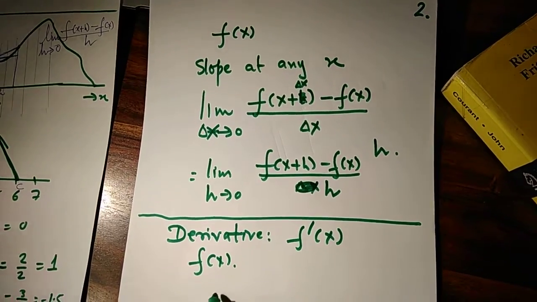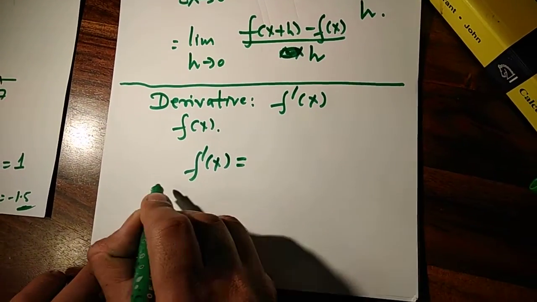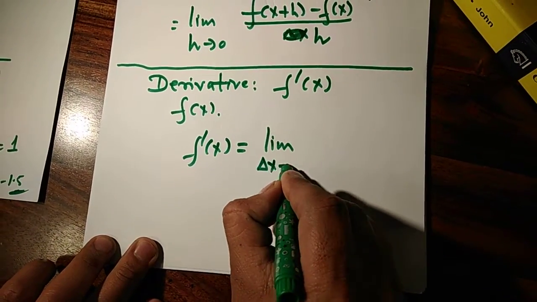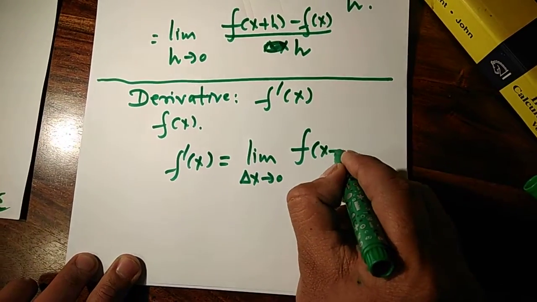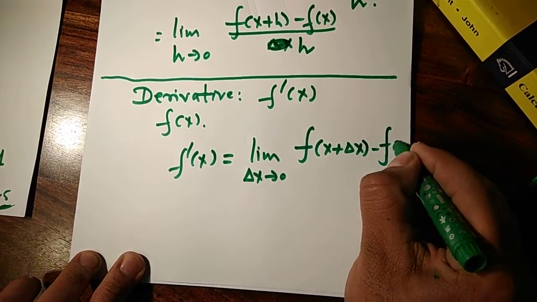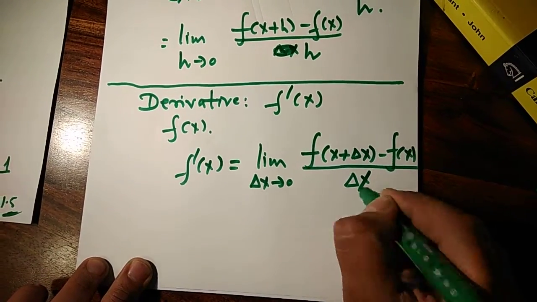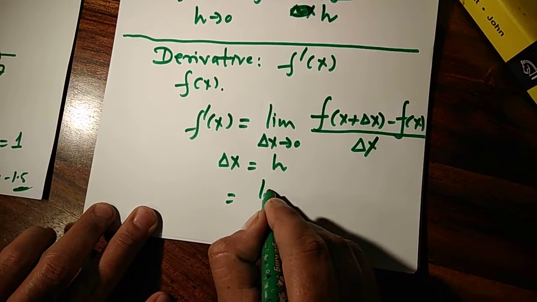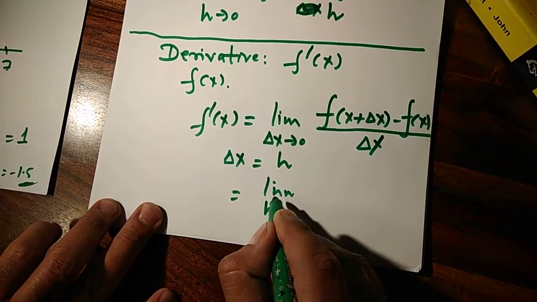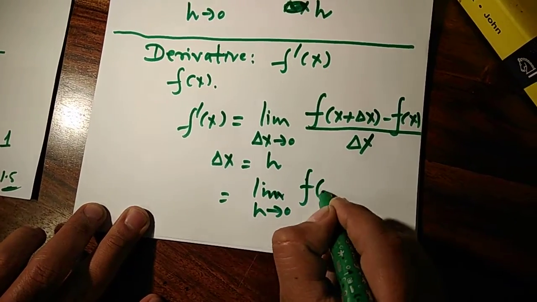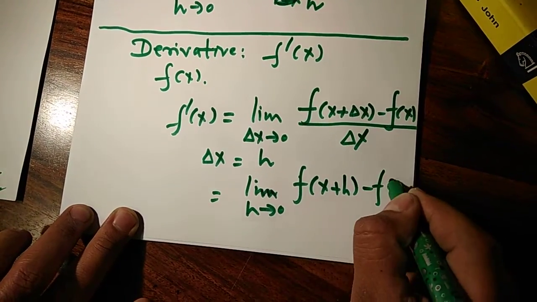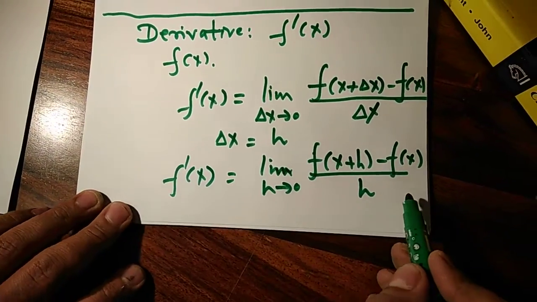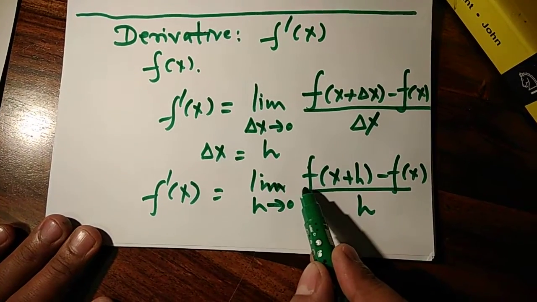How do I get this? f prime of x, which I call the derivative of f of x, is the limit delta x going to 0 of f of x plus delta x minus f of x divided by delta x. Or if you write delta x as h, then the same thing becomes limit h going to 0, f of x plus h minus f of x over h, which is this. This is called the derivative of the function f.